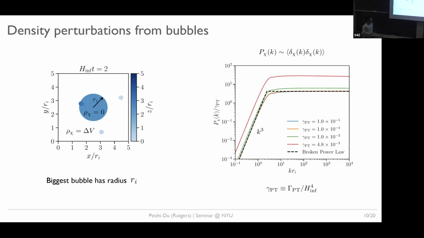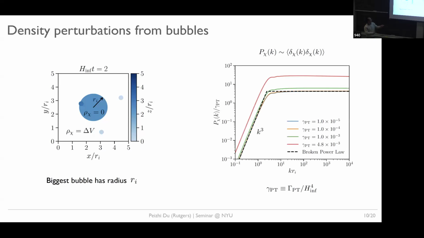Now, what we care about, as I mentioned before, is the 2-point function, the power spectrum, of these density perturbations. Here I show the power spectrum we calculated from the simulation we got before. The x-axis is the k vector, but now normalized to R_i, the size of the biggest bubble, which makes it dimensionless.